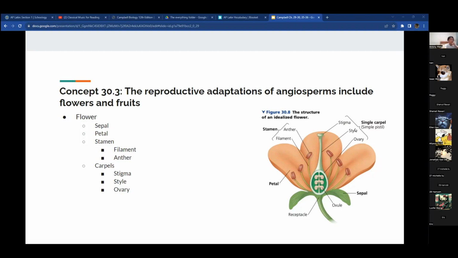Then there's the style, a tube; the pollen will grow through the style into the ovary. So it's a connecting duct between the stigma and the ovary. And the ovary houses the ovules, which contain the female gametophytes, the eggs and stuff.